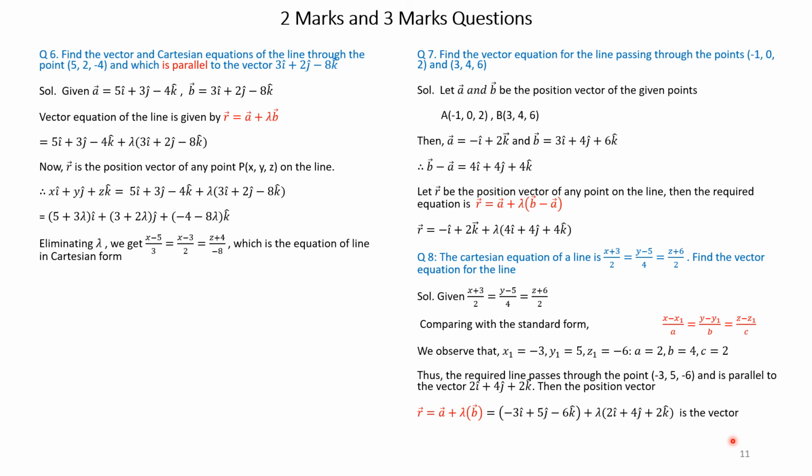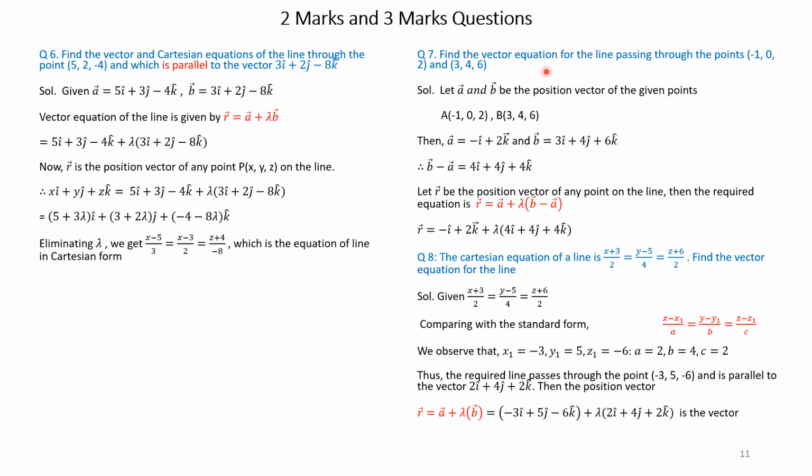Please note in this slide three different forms are given. In one, a point is given in Cartesian form and the second vector b is given in vector form, so you have to find the equation.